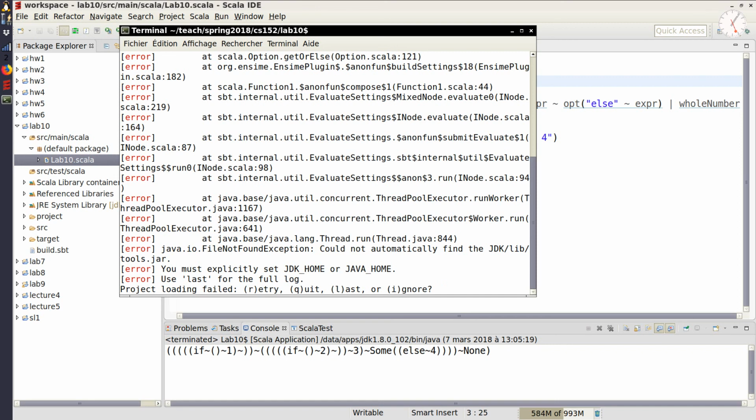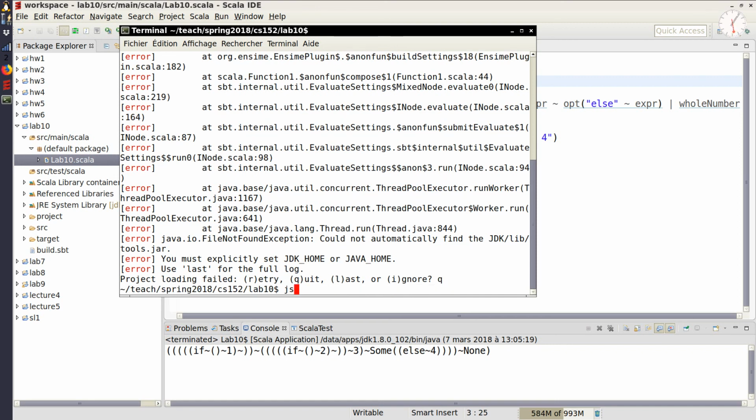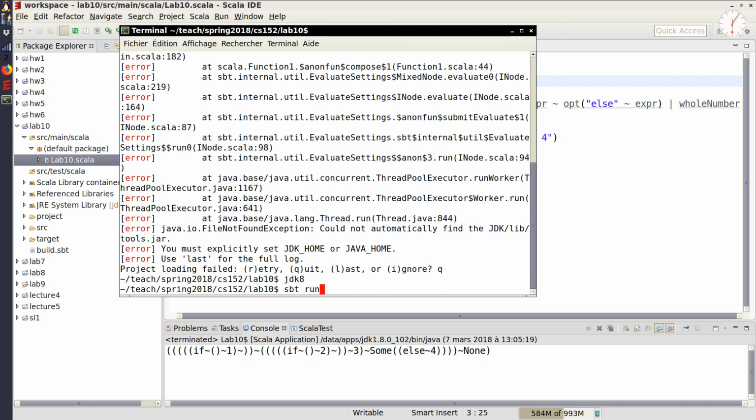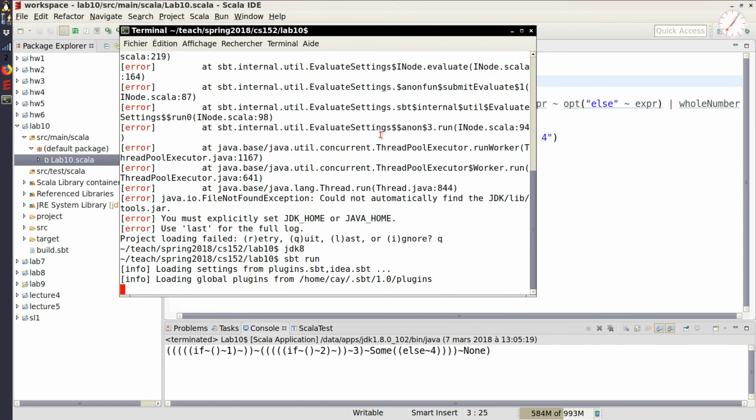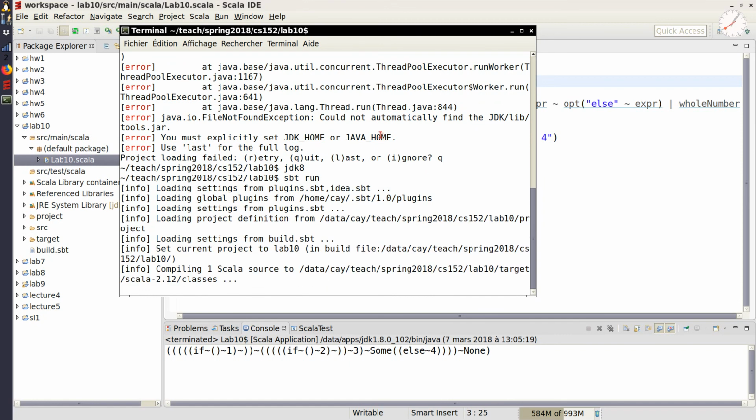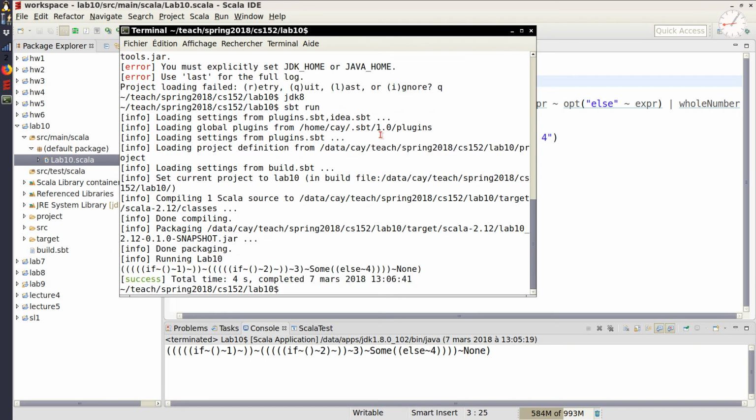Okay, now I have to remember to switch to Java 8, and now it'll really be sbt run. Alright, so then I get the same expression here.